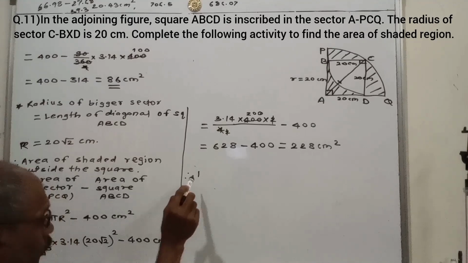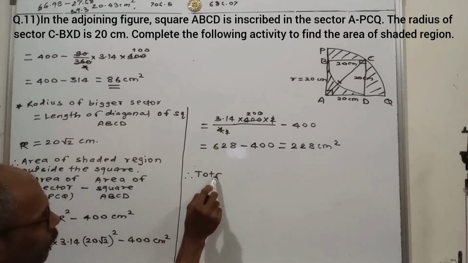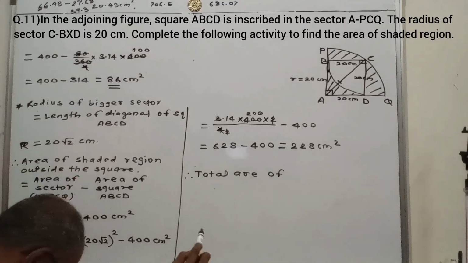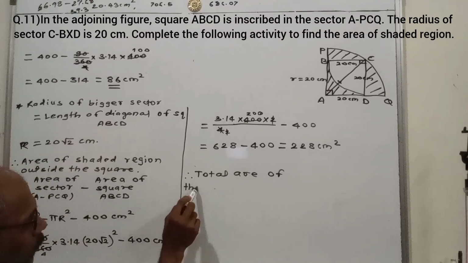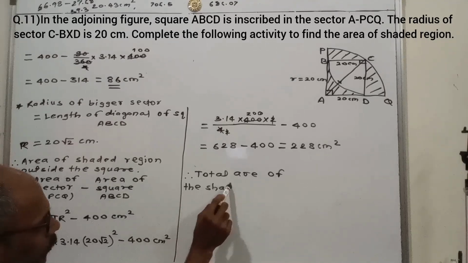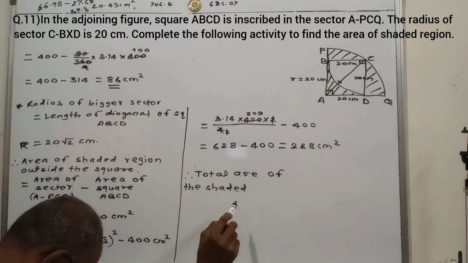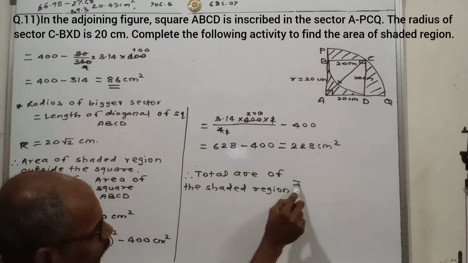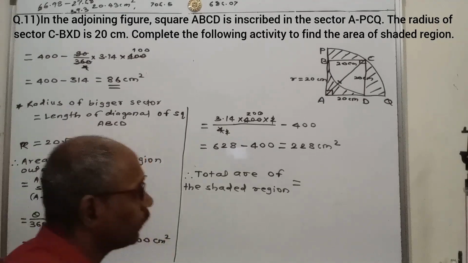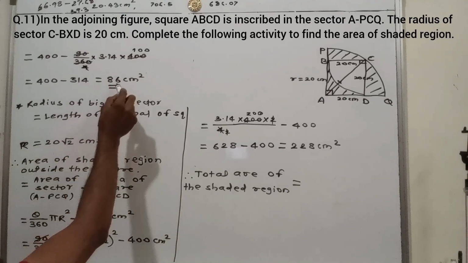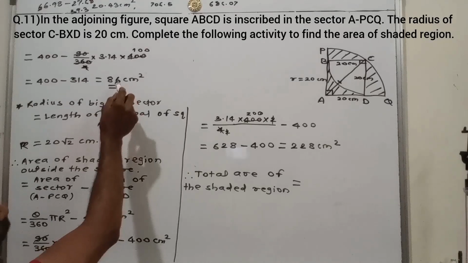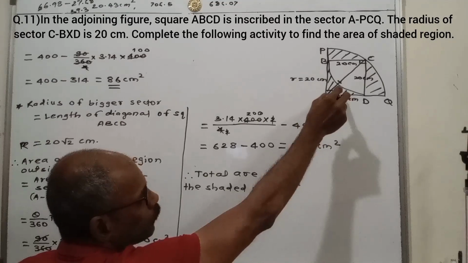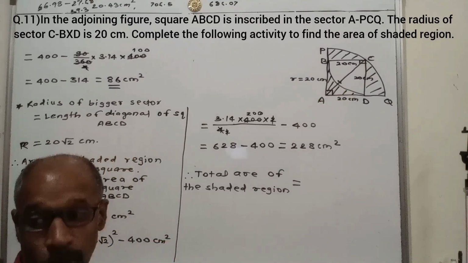Therefore, total area of the shaded region is equal to, here directly given. What is? See this. Area of shaded region outside the square.